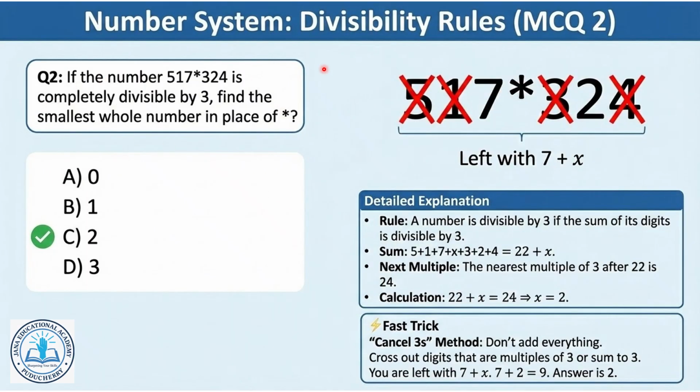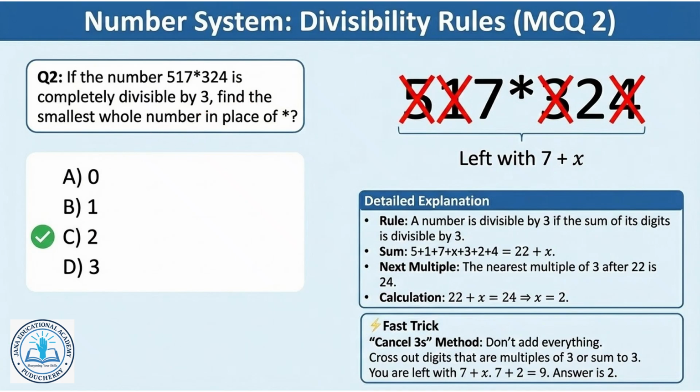Come to the next slide. It is a divisibility rule. Let's see the example. If the number 517 star 324 is completely divisible by 3, find the smallest whole number.